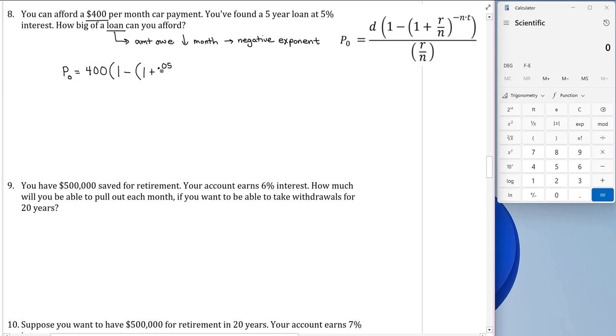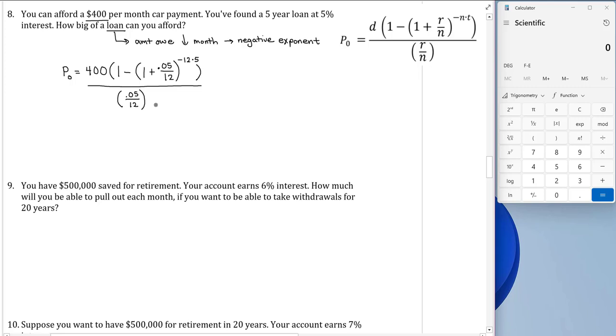I've got a 5% rate every month, so that's going to be 12 for N, minus 12 multiplied by how long my loan is, which is 5 years. All divided by 0.05 over 12.